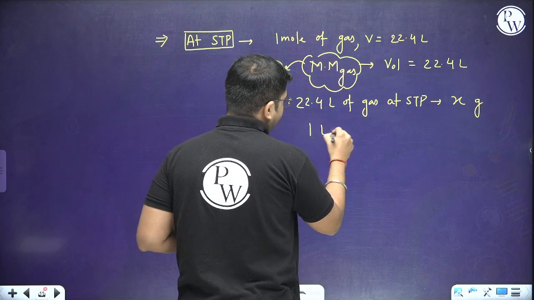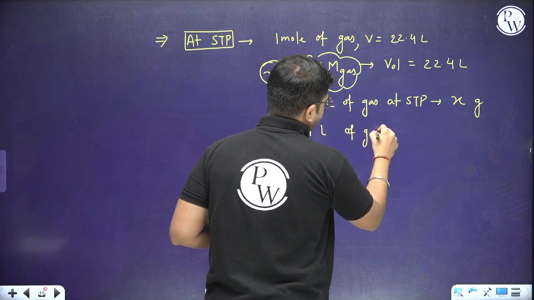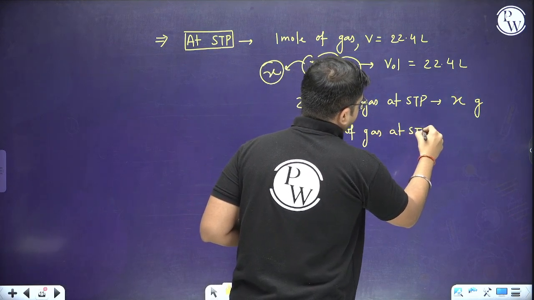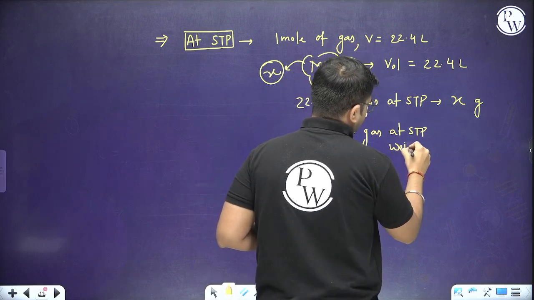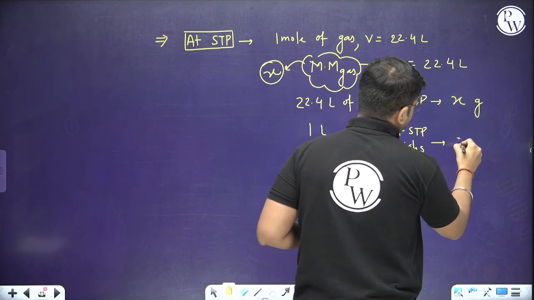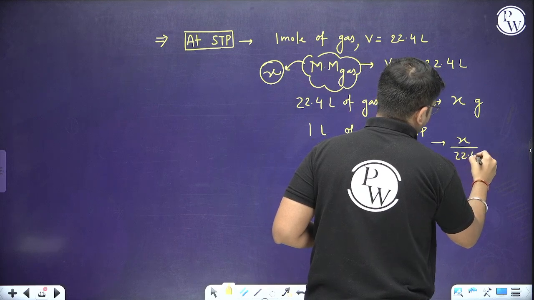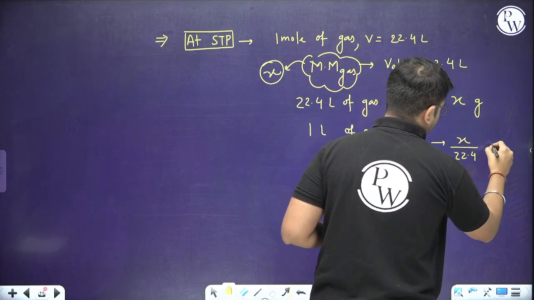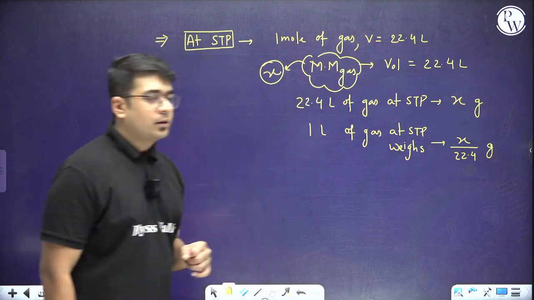So 1 liter of gas at STP weighs x divided by 22.4 grams.